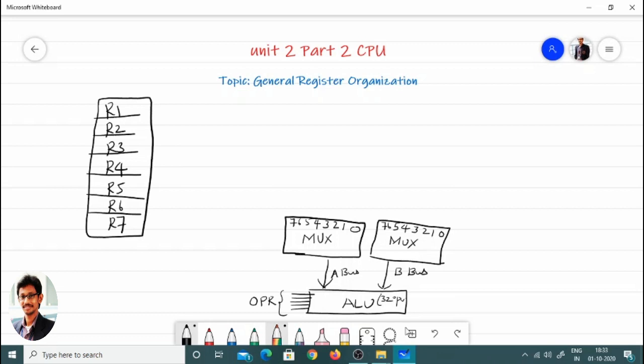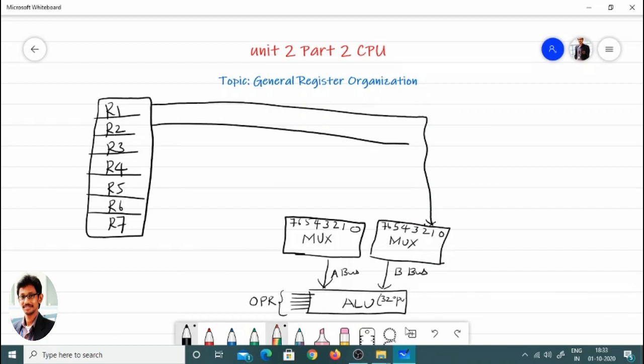The output of each register is connected to the input line of the MUX. R1 connects to its input line of the MUX, and R2 is connected to the second line.